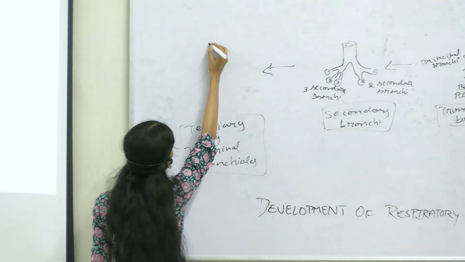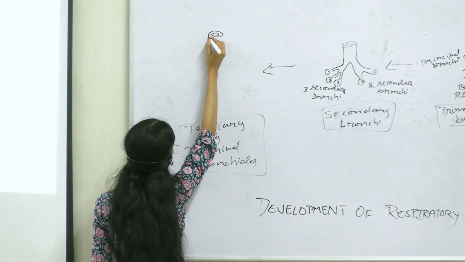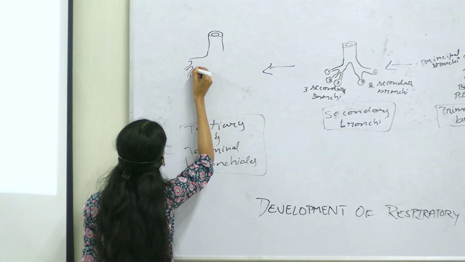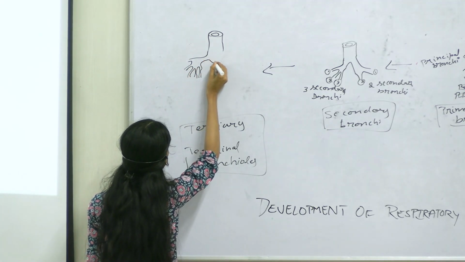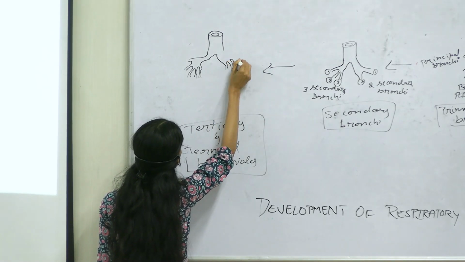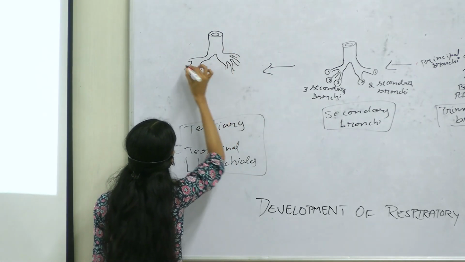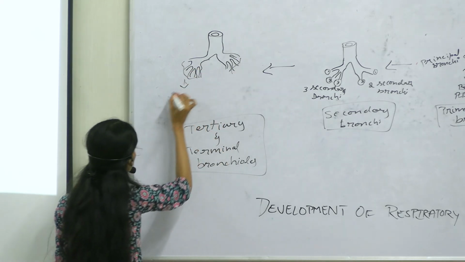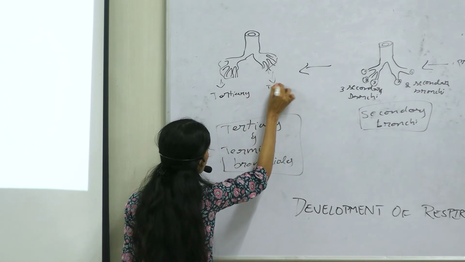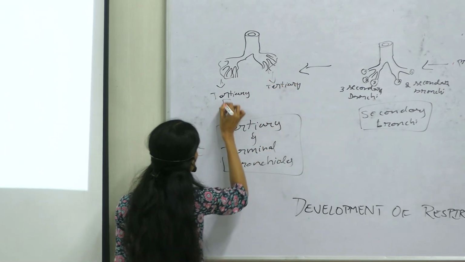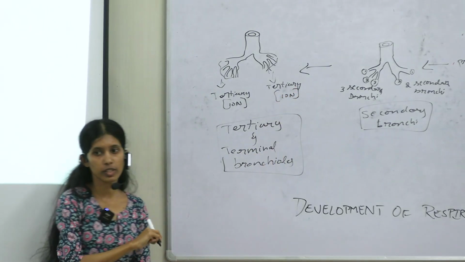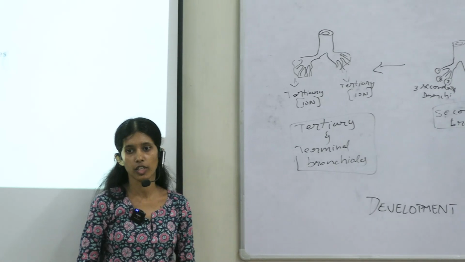Okay. These are the tertiary bronchi. On both right and left side, we have 10 tertiary bronchioles.